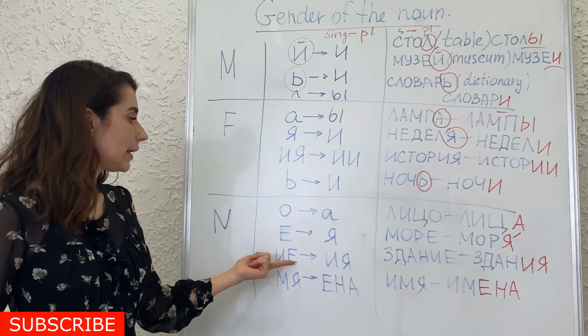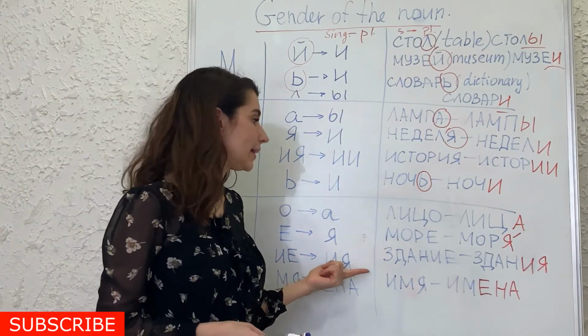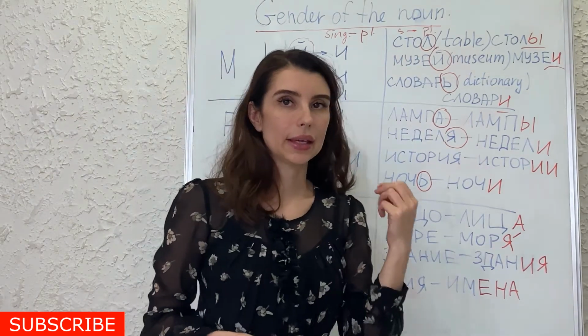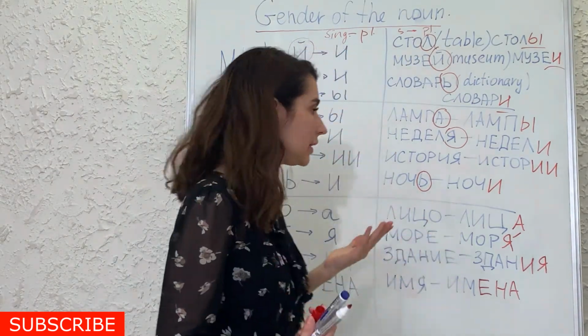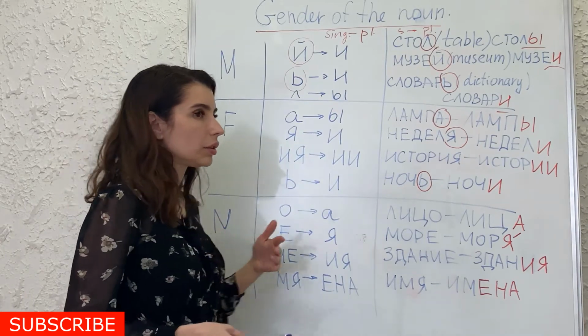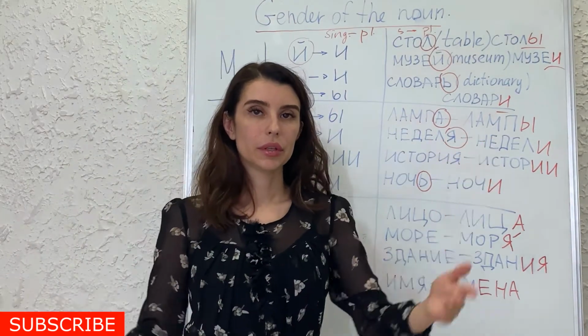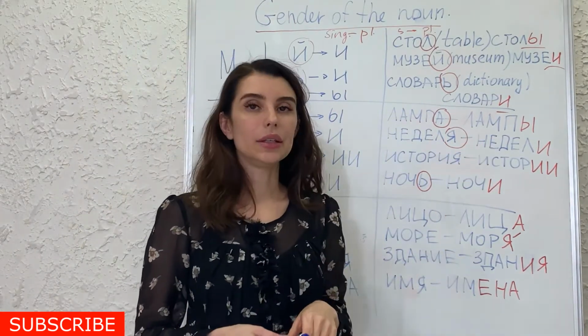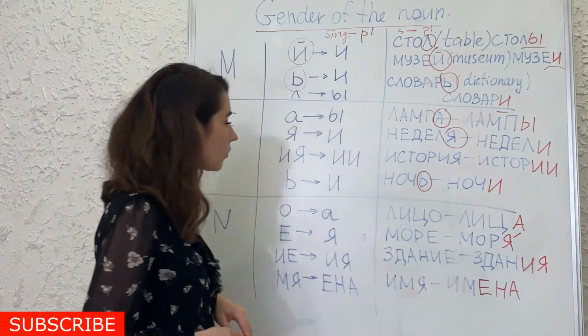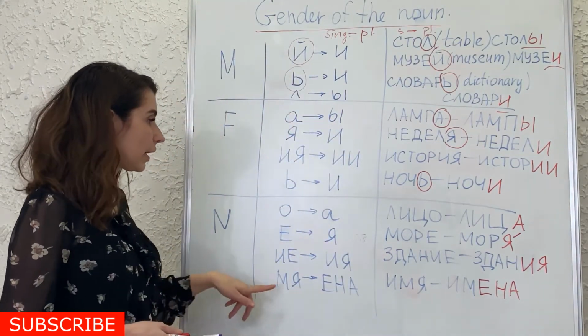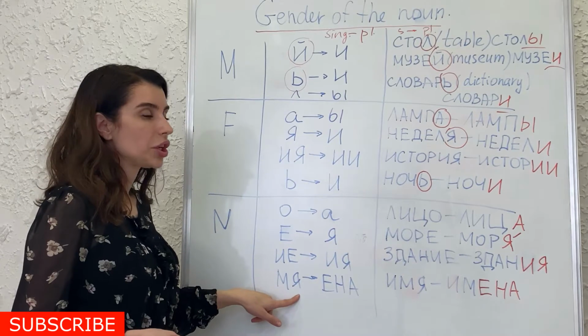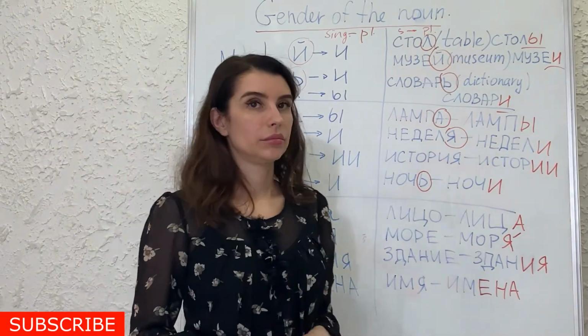Here, ие changing to ия. Здание. It's a building. Здание. Five зданий, здания. Okay?